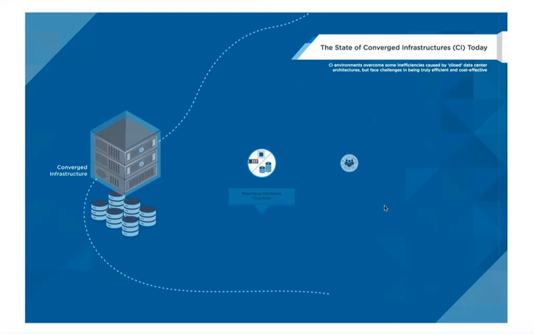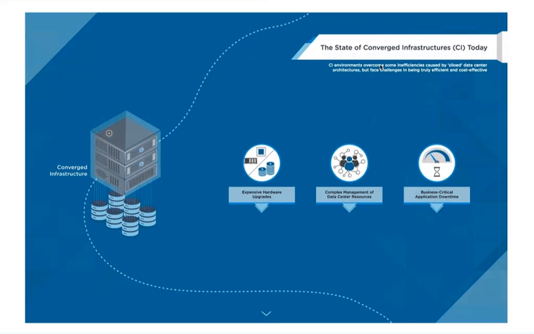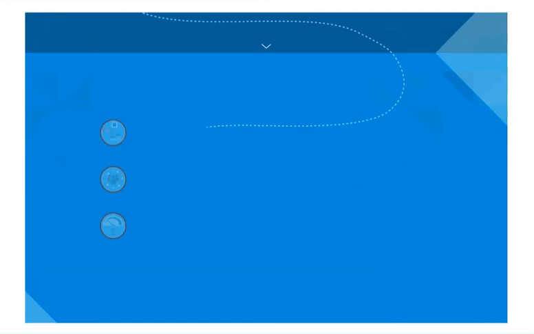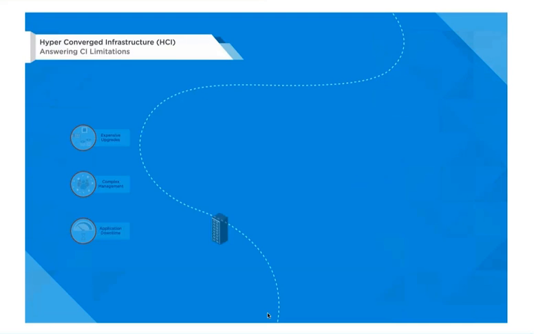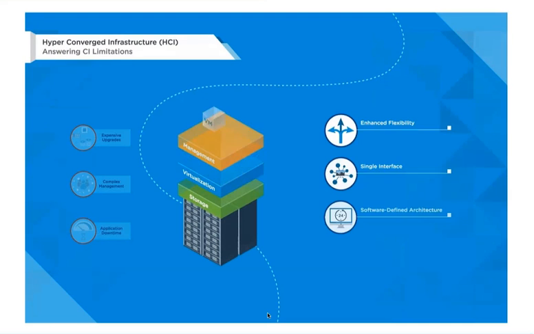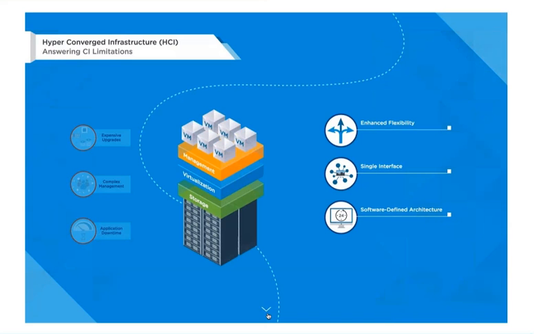There is a little bit of narrative: what is the state of converged infrastructure today, and what are the typical features that it has? You're basically raising the pain points or awareness about the area. Once you have established that, you map it down to saying, here's how we are answering the converged infrastructure's limitations. And the answer is hyper-converged infrastructure, HCI.